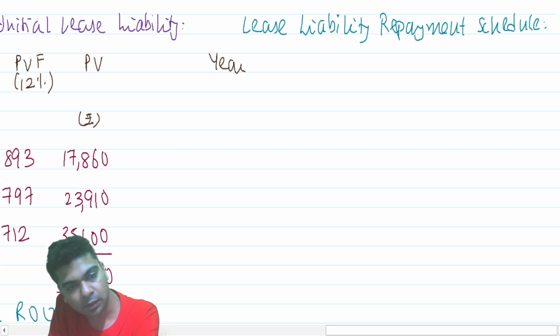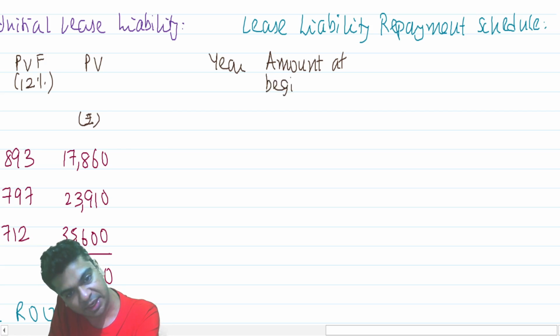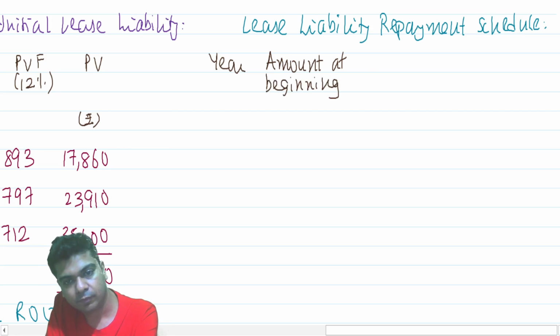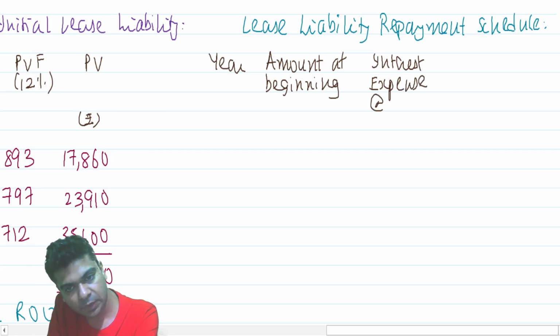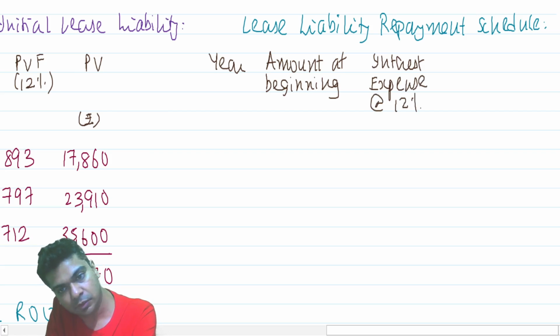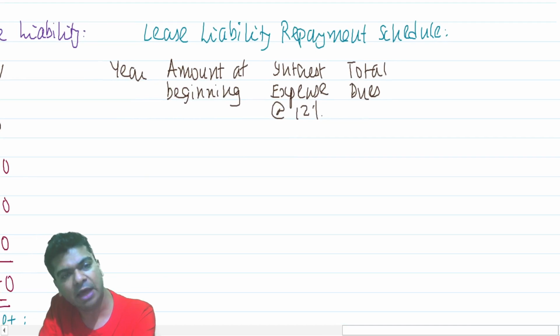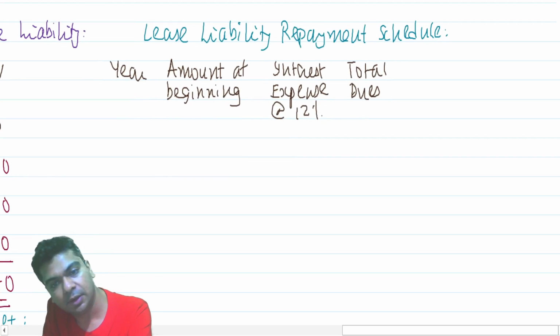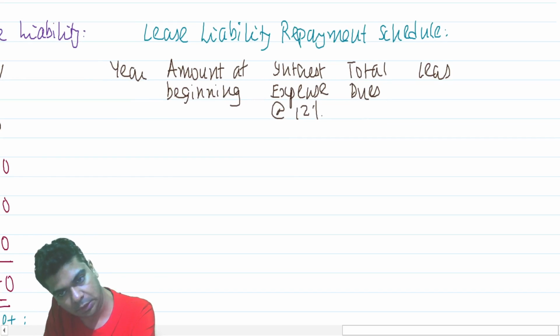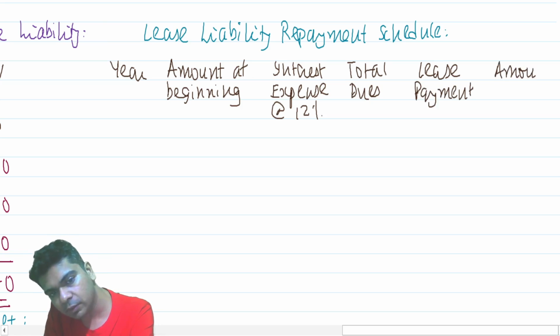We say here amount at beginning, interest expense at 12%, total dues. You can skip this column of total dues if you wish. I have prepared it, but with practice you can avoid it. Lease payment, and then amount at the end.